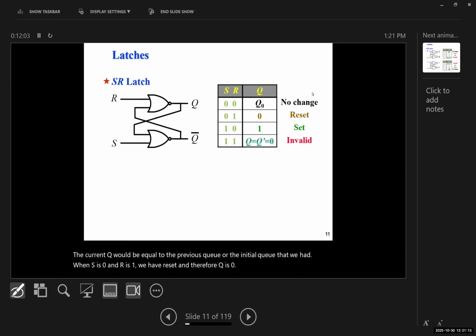And when S is 1 and R is 0, then we have set. Q is equal to 1. And when S and R are both 1s, Q would be equal to Q prime, which is equal to 0, which is invalid. Okay? If you did give both inputs 1s.